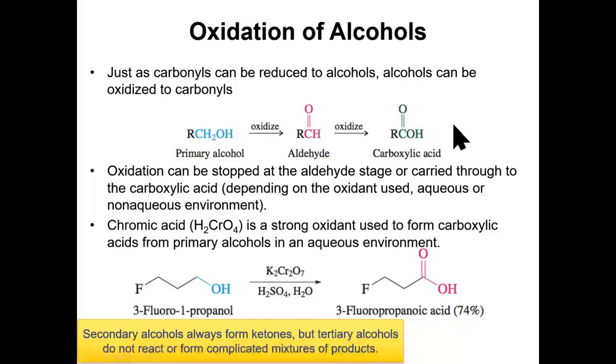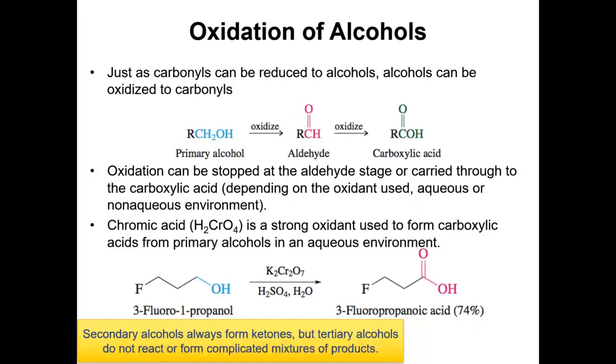Now, if you have a primary alcohol and the reaction does not involve water at all, meaning it is in a completely anhydrous condition, then the primary alcohol can be oxidized and stopped at the aldehyde stage.